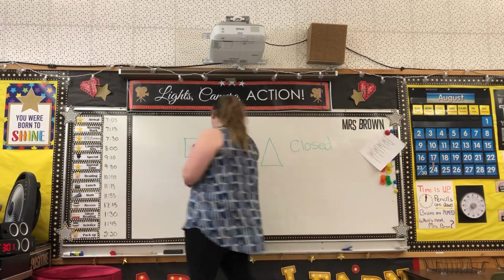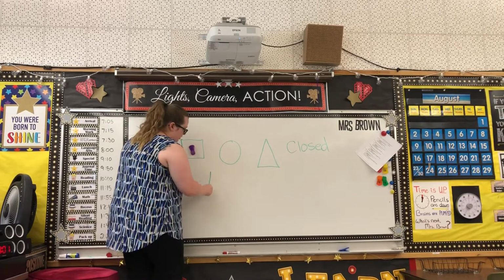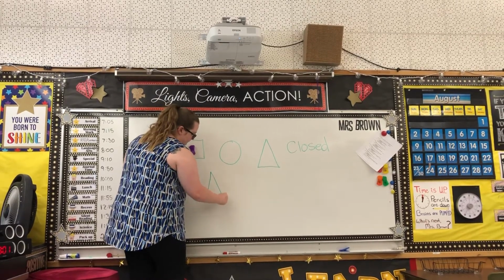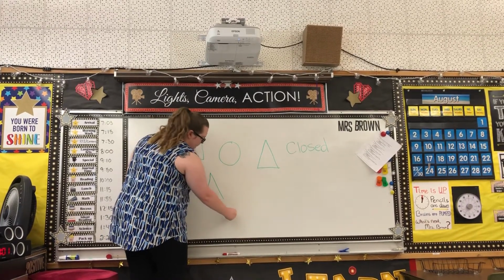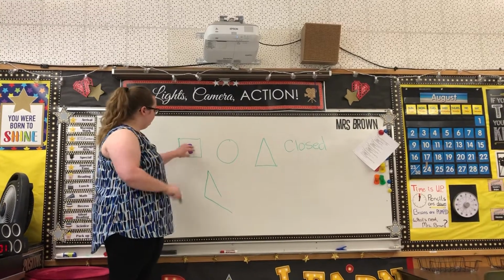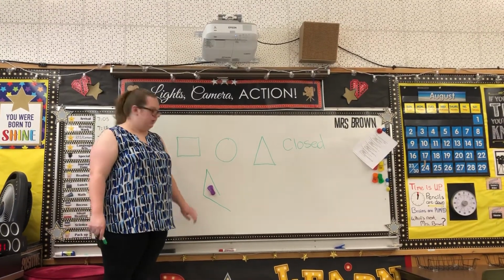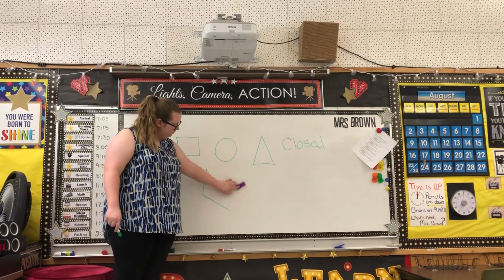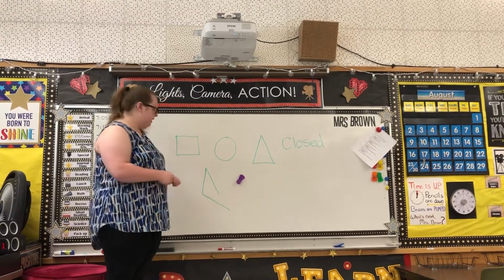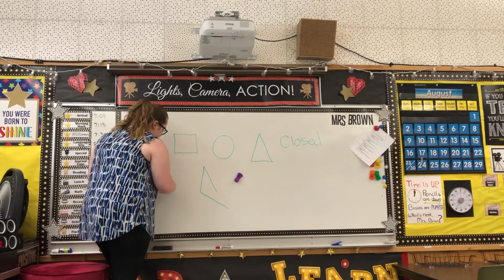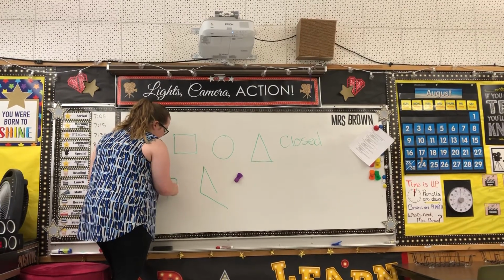So what if I put it in this shape? What if I put it in here? Does it have a way out? It sure does. It can go whoop. Yep, it has a way out, and these are called our open shapes.